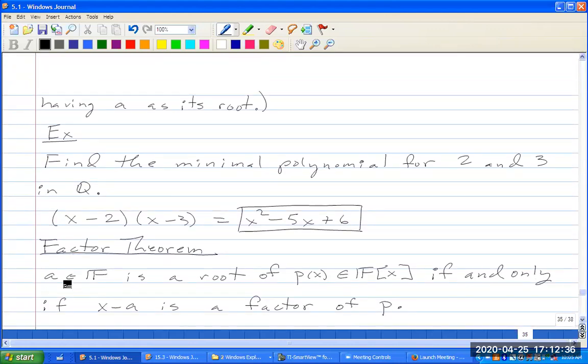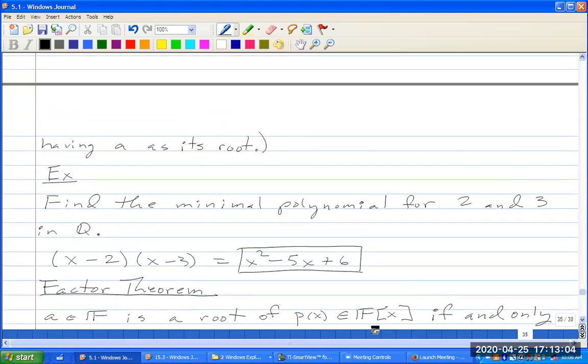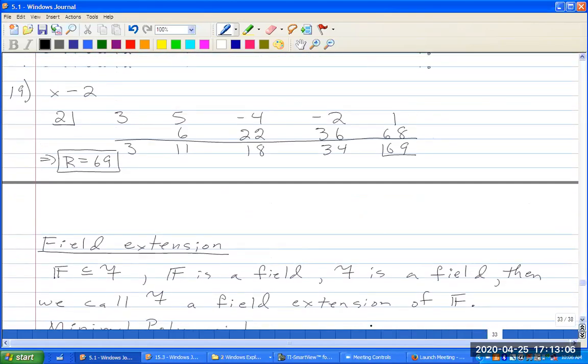The factor theorem. Let A be some member of a field F. This is a root of P of x, a polynomial with coefficients in F, if and only if x minus A is a factor of the polynomial P. And we could see that by the division algorithm, or even the remainder theorem.